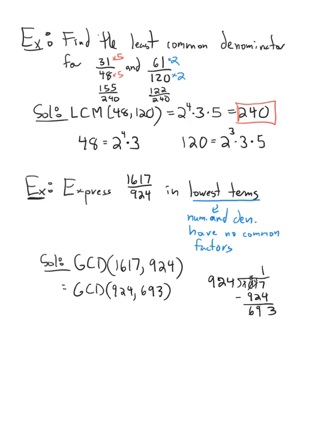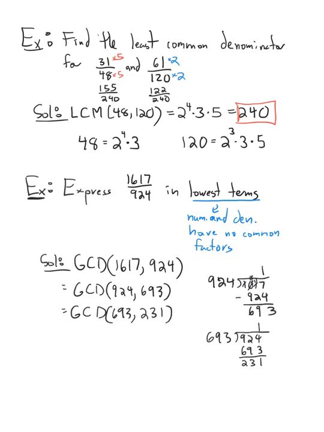Okay, and we keep going. 693 into 924 goes exactly once. We subtract 693, and we're going to get 231. So now we need the greatest common divisor of 693 and 231.